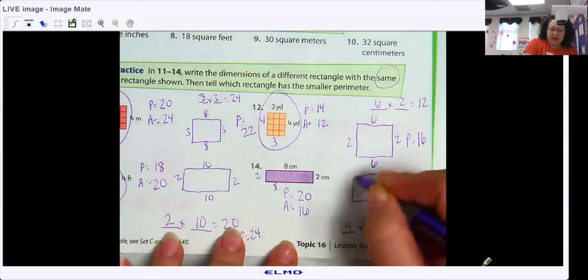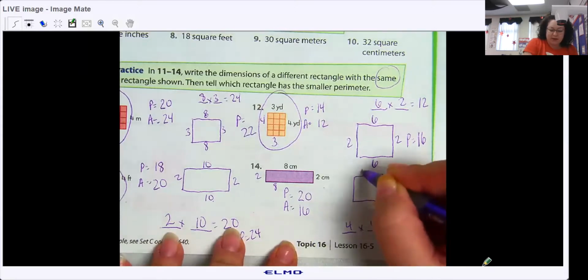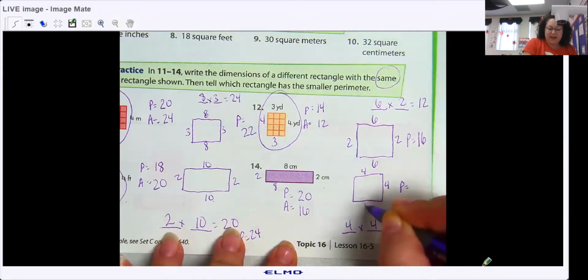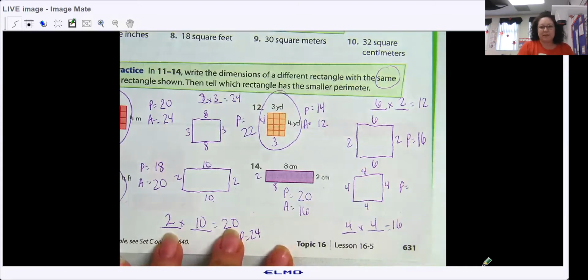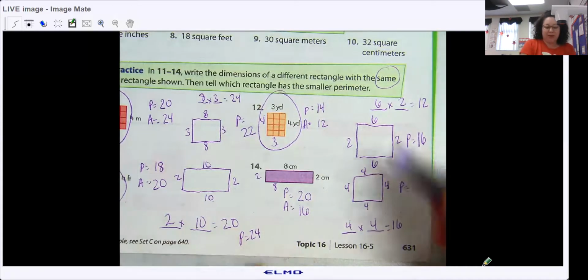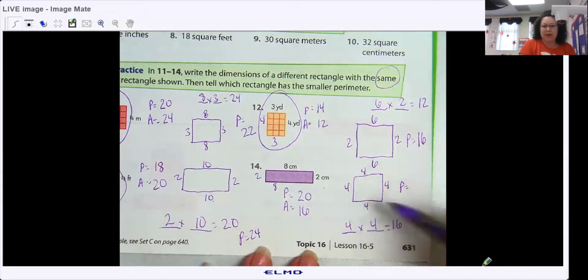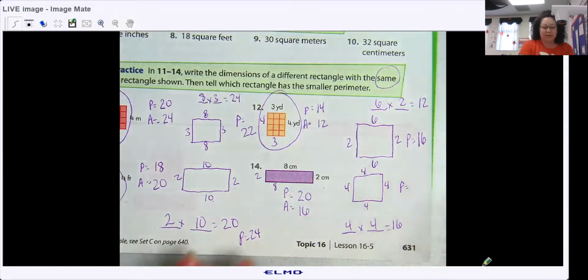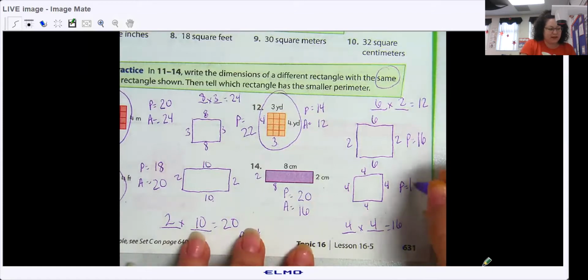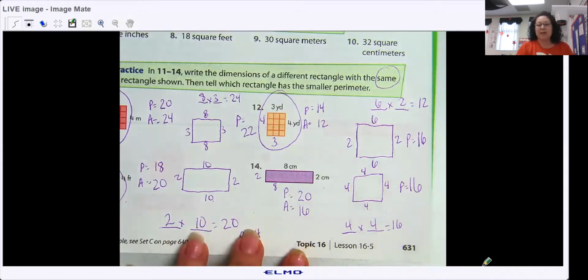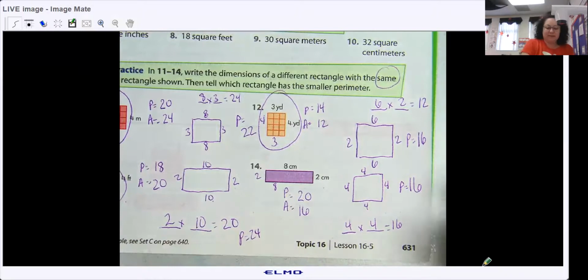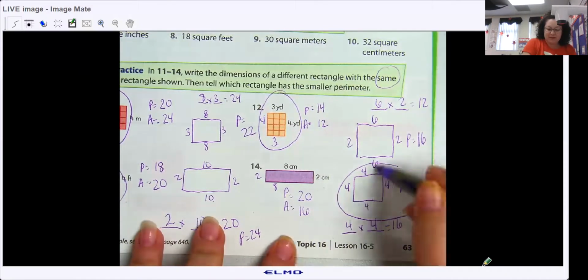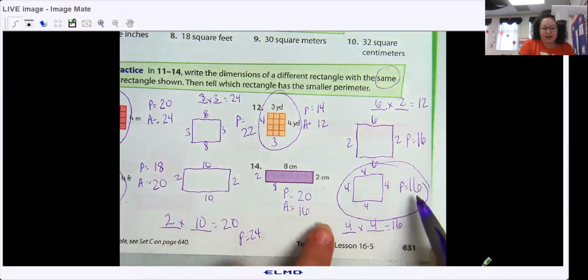So we draw this guy out for our perimeter. 4 on this side, 4 on that side. And perimeter, we add them all up. 4 plus 4 is 8. 4 plus 4 is 8. 8 plus 8 is 16. And which one has a smaller fence? That's right. Because 16 is smaller than 20.